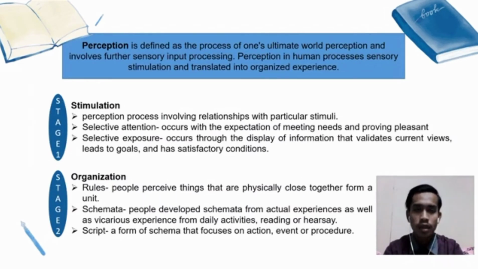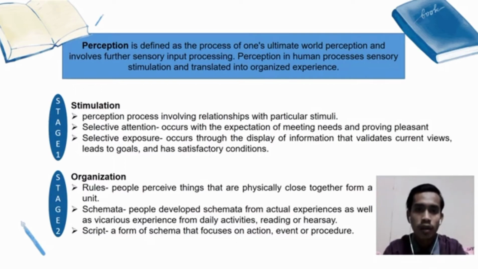Perception in interpersonal communication. Perception is defined as a process involving sensory input and further processing. Perception in humans processes stimulation and translates it into organized experience. Perception has 5 stages. Okay, for the first stage is stimulation.